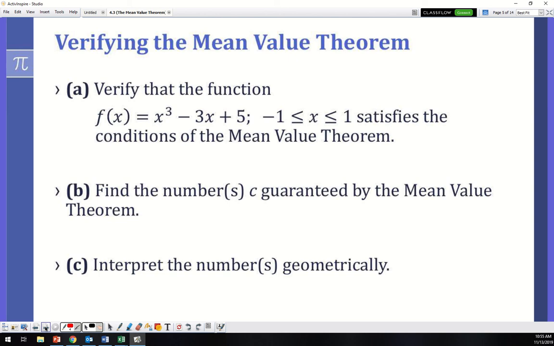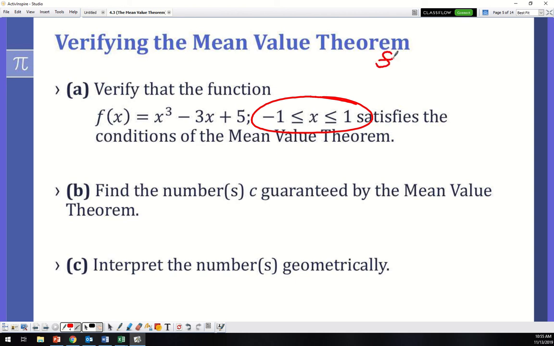Well, we don't have the endpoints. Yes, you do. It's when it hits the x-axis, right? That's my interval. That's the reason why I told you to write it down. Find the slope between the endpoints.